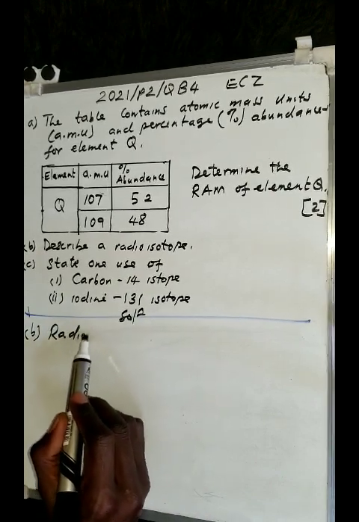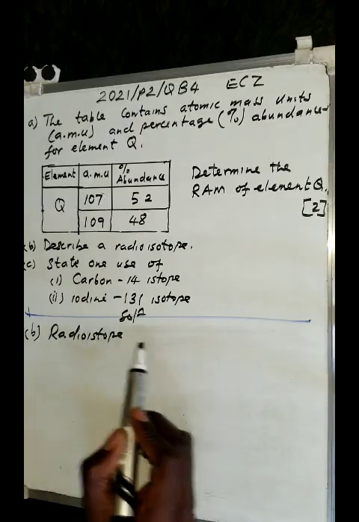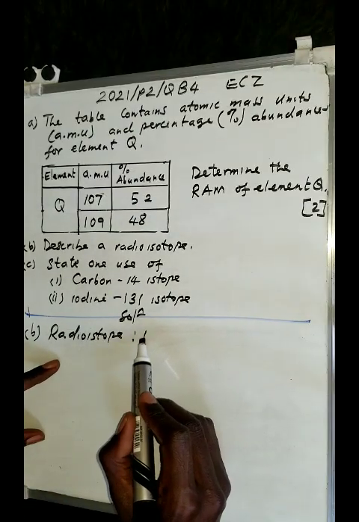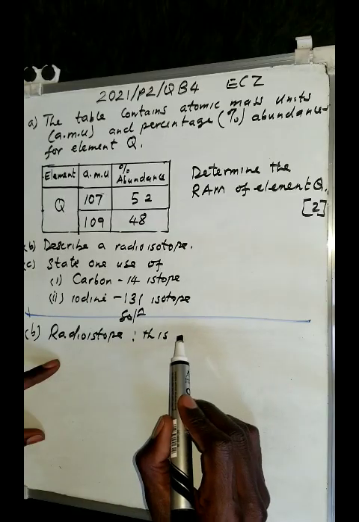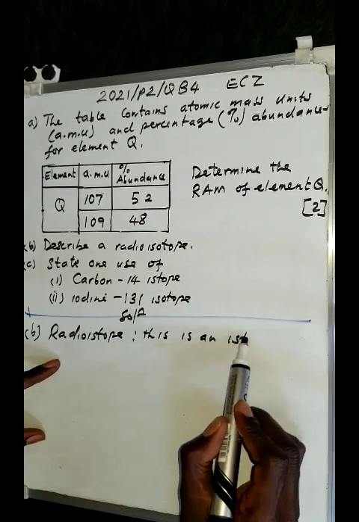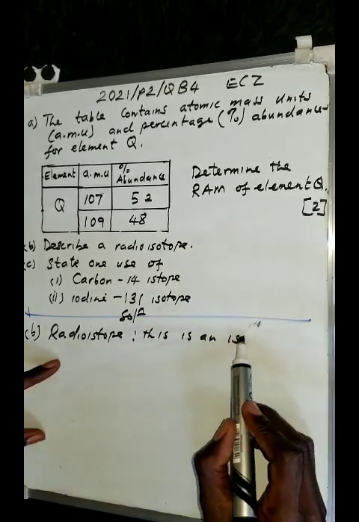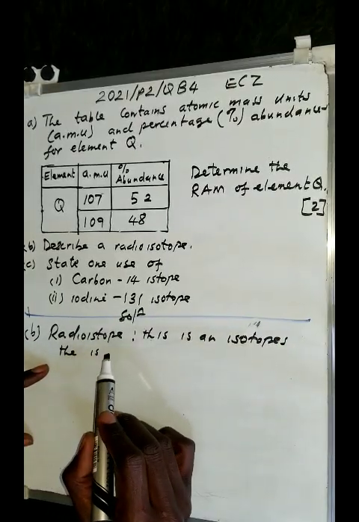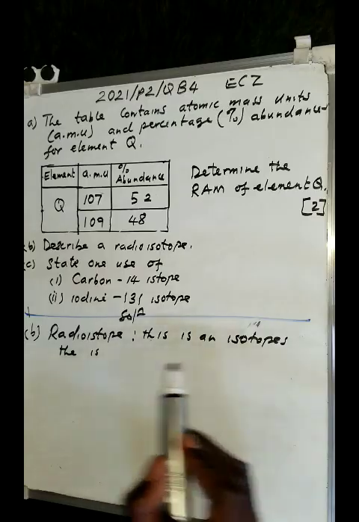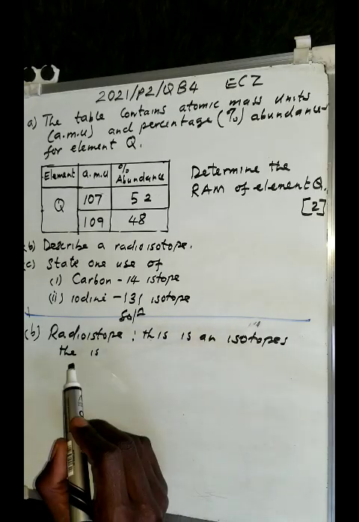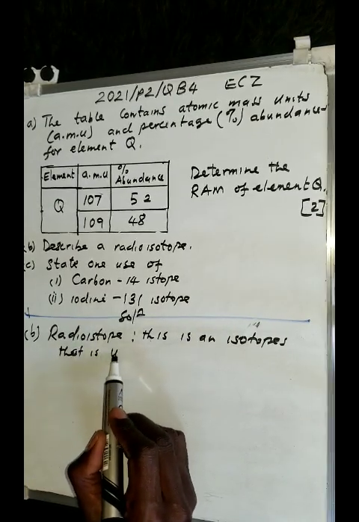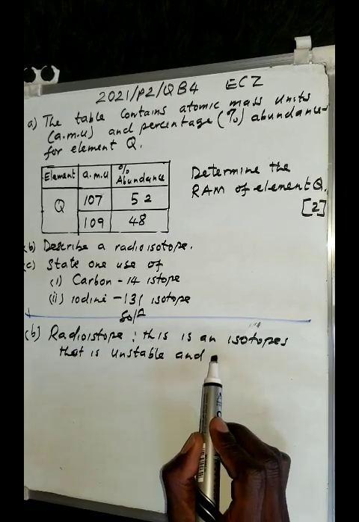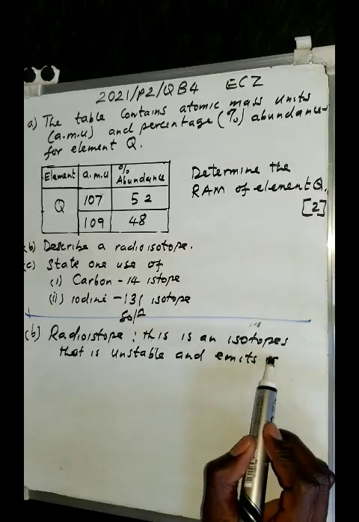Remember what we said, if you followed my previous video, radioisotopes are also called radioactive isotopes. We can simply say this is an isotope that is unstable and emits radiation.